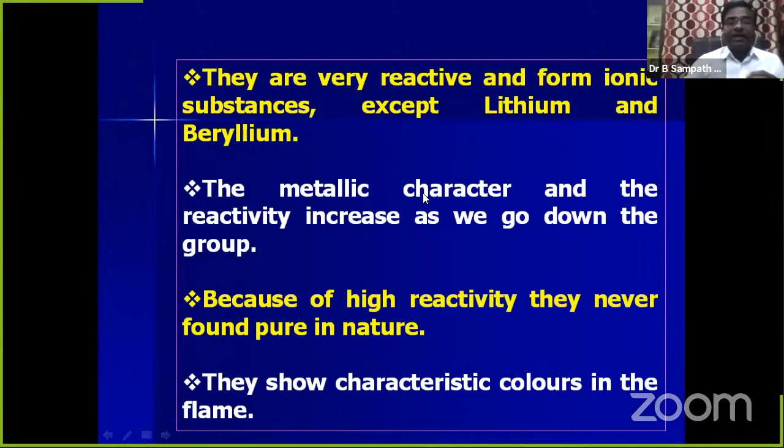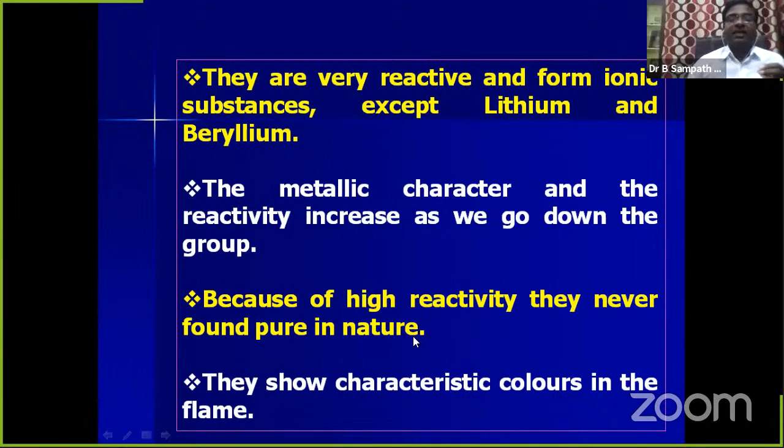The metallic character and the reactivity increase as we go down the group. See children, from top to bottom, the metallic character and reactivity increase. Because of high reactivity, they are never found pure in nature.